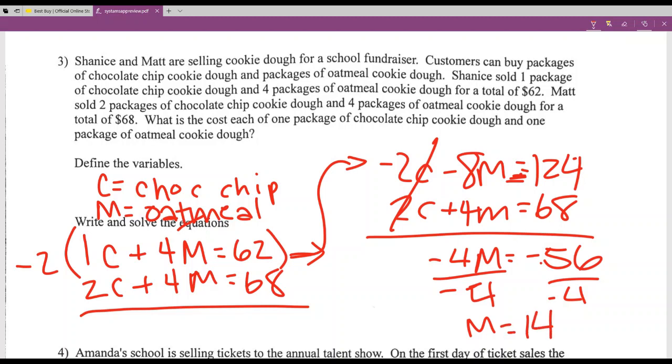All right, so we plug 14 into the other equation. I am running out of space, but we have 1c plus 4 times 14. I'm plugging it into the first equation.